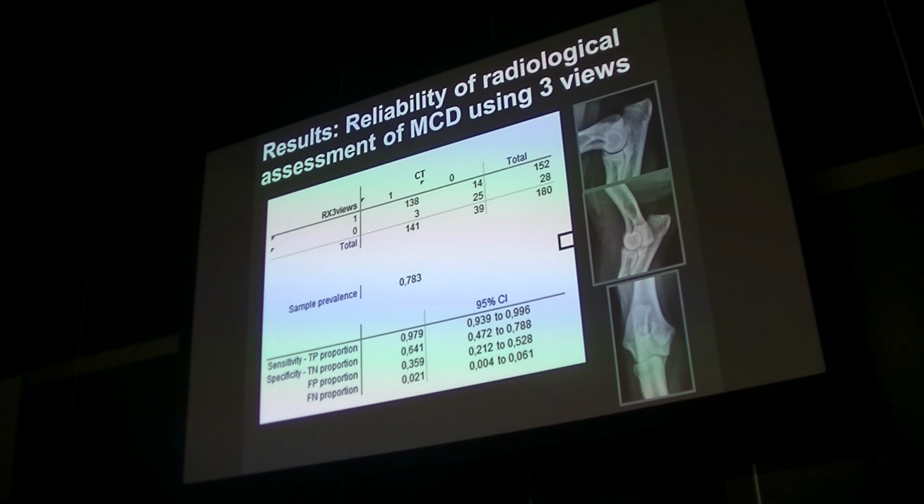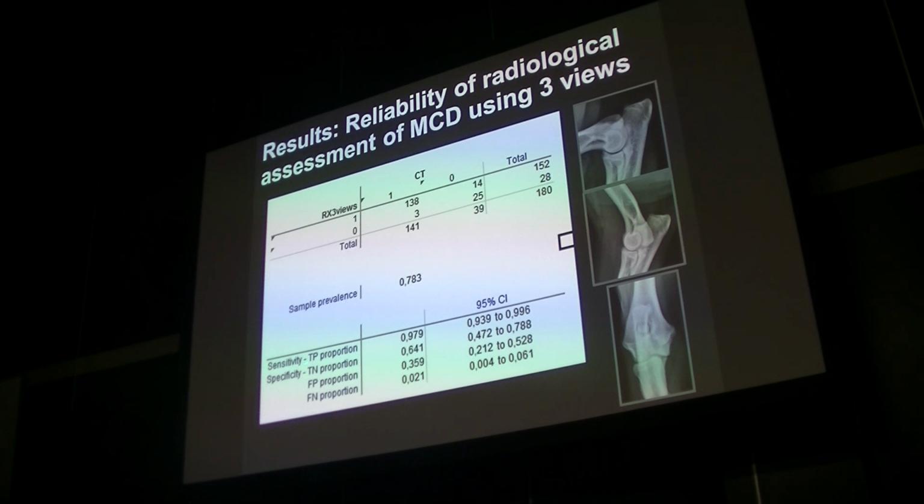Then the ones that were scored negative on the radiographs could be confirmed, 25 of them. In 3 of them, they were having lesions on CT. So there were false positive ones, 14 in this examination, and false negative ones, 3.